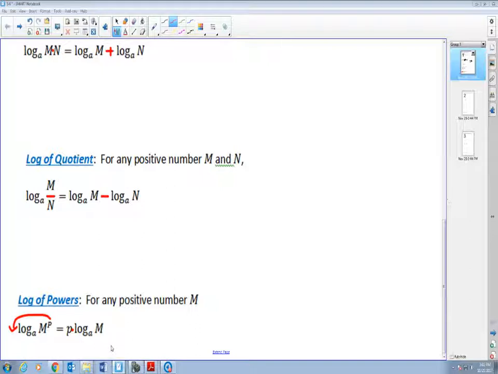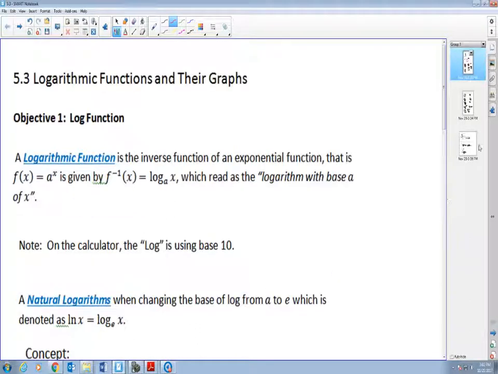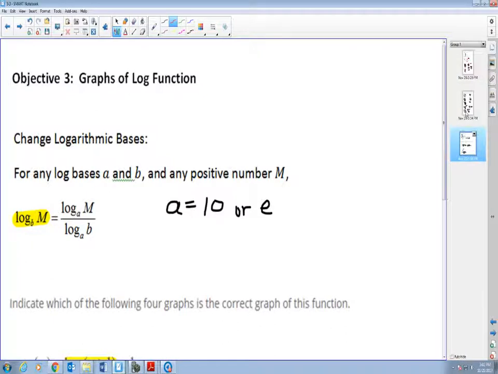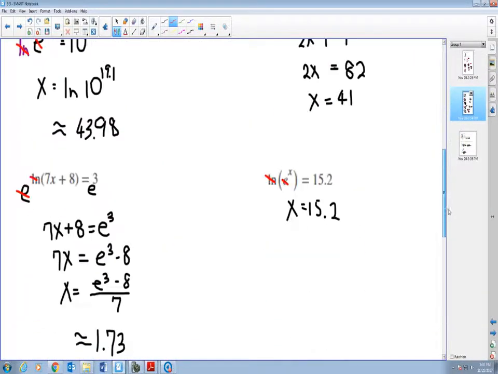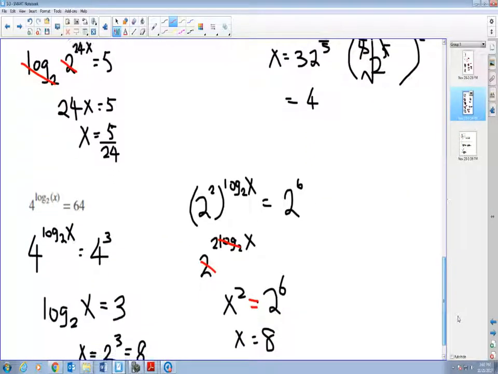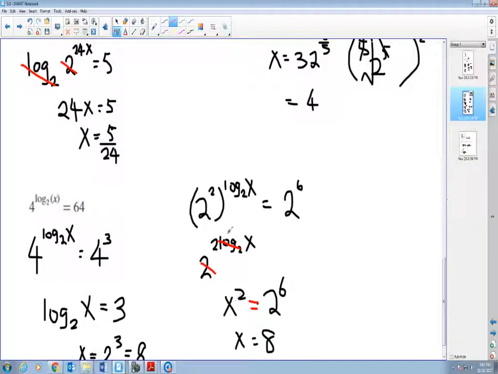Last time, with this weird problem that I did with y'all, I mentioned something about x squared. What that means is, by the power rule, this 2 times log with the base 2 of x. Well, what I can do is use the log of a power backwards.